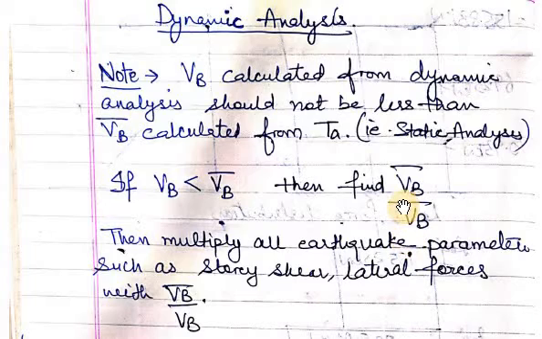That means VB calculated from the static analysis divided by VB calculated from the dynamic analysis. Then multiply our earthquake parameters such as story shear and lateral forces with this factor.